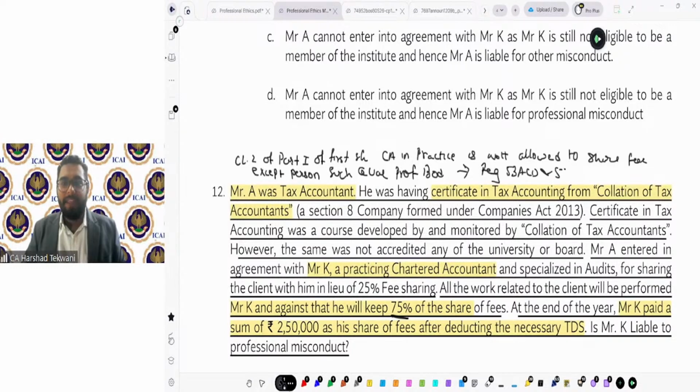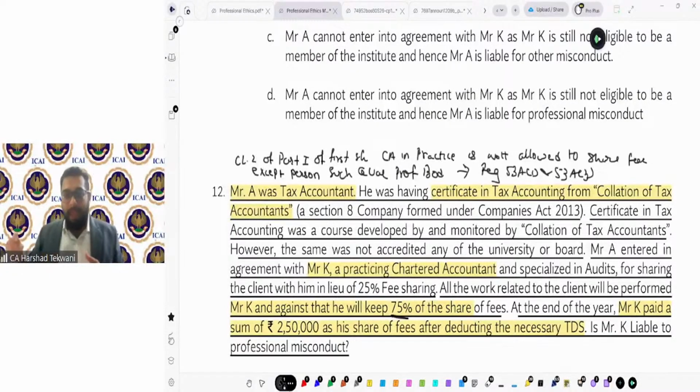53A1 and 53A3 specify persons having such qualification and specified bodies. Then I'll say Mr. A is a tax accountant having a certificate of tax accounting from the Association of Tax Accountants, and Mr. K is sharing fees with him as a part of the agreement.